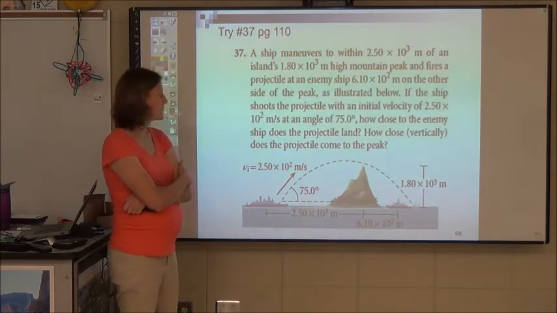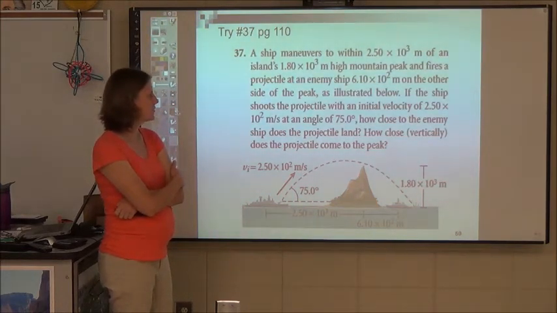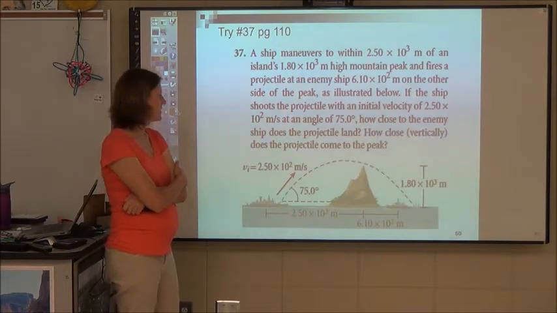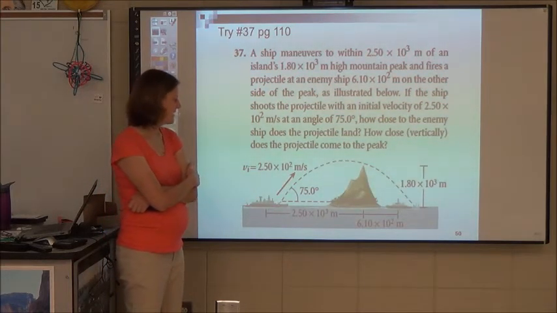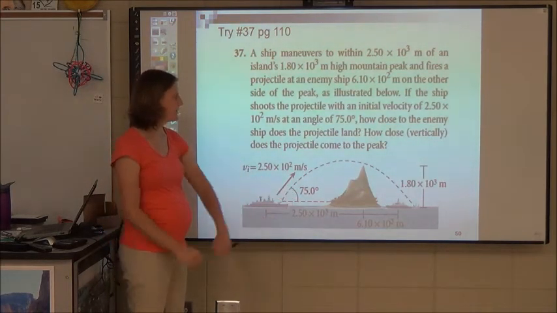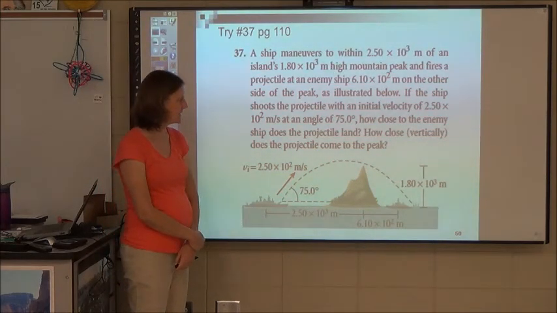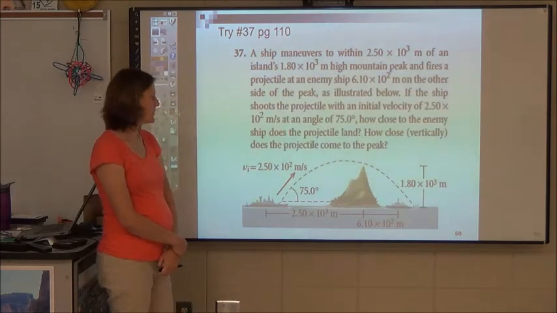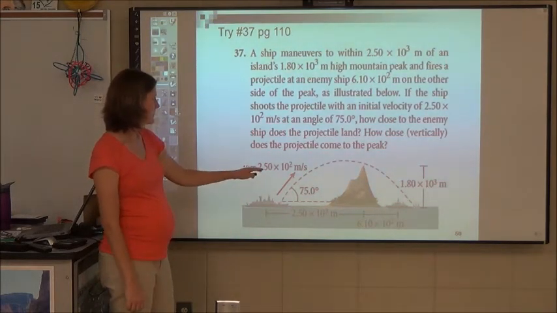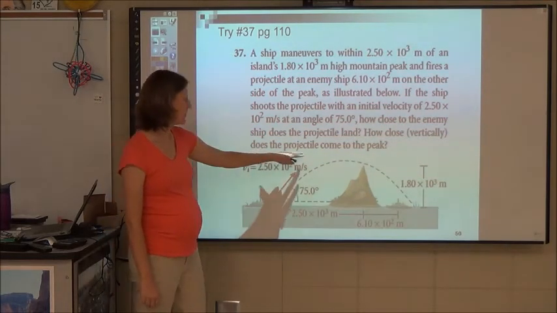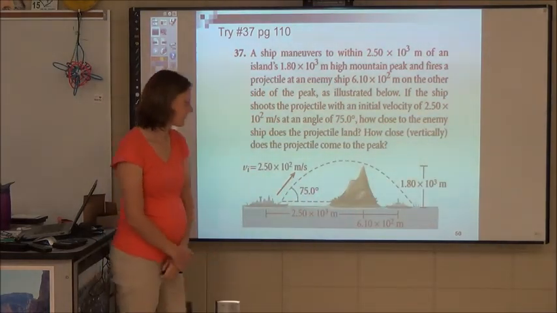If the ship shoots a projectile with an initial velocity of 2.5 times 10 to the 2 meters per second at an angle of 75 degrees, how close to the enemy ship does the projectile land, and how close vertically does the projectile come to the peak, I guess, the mountaintop here.